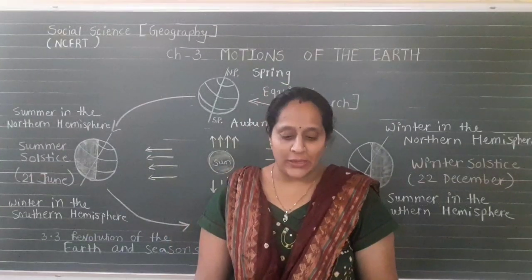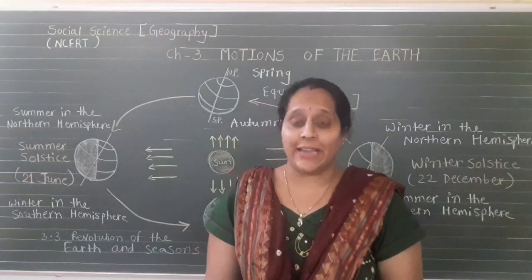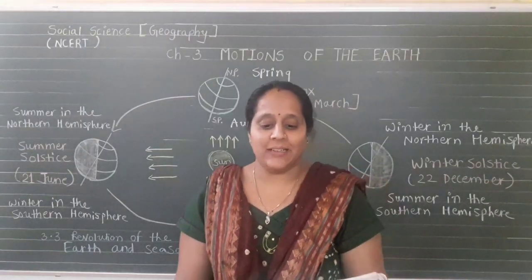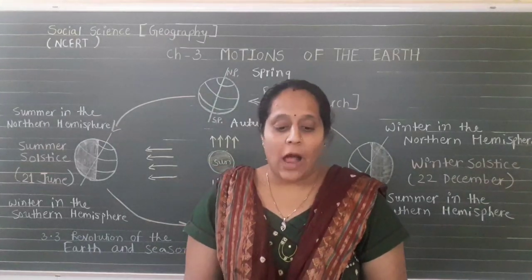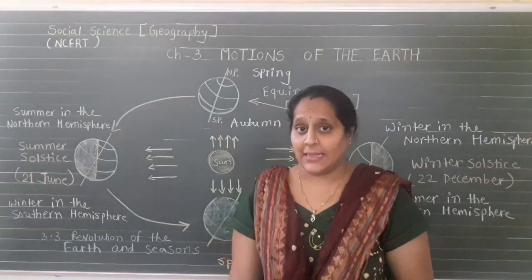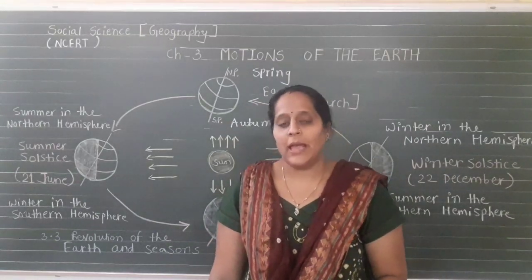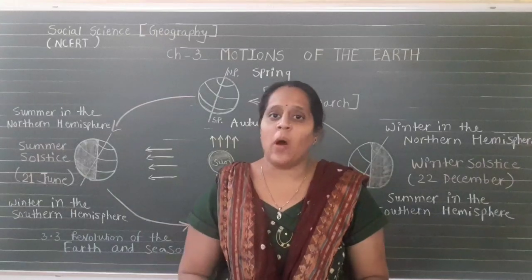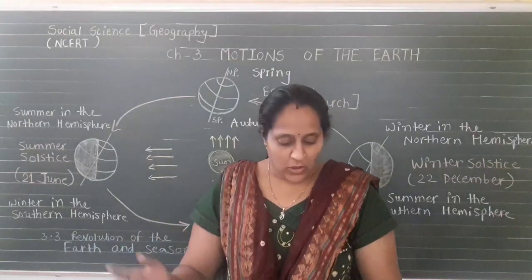Do you know, students, the ancient Indian astronomer Aryabhatta stated that the Earth is round and rotates on its own axis. Yes, this was their prediction according to their study. So through this we also come to know about ancient times.